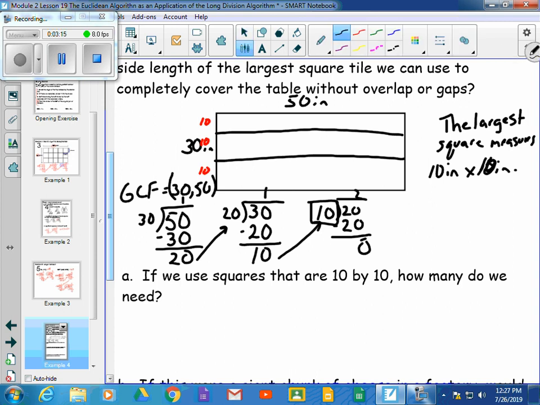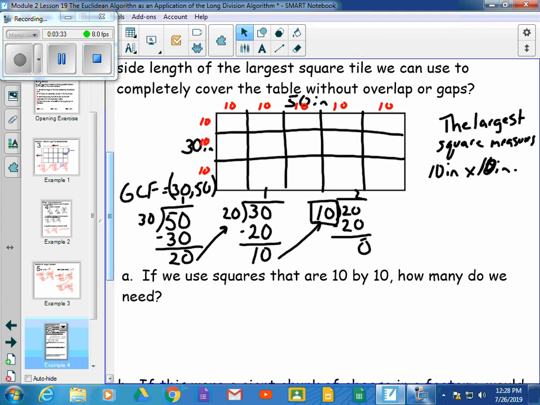If we look at the other dimension, 50 inches can be split into 5 equal pieces. Now I know they don't look like squares here. But you've got to remember they are squares, so we'd have 10, 10, 10, 10, and 10. That means we had 3 squares one way by 5 squares another way.